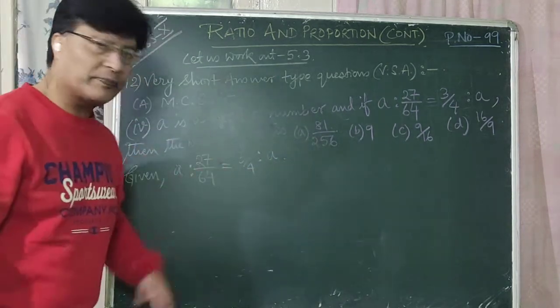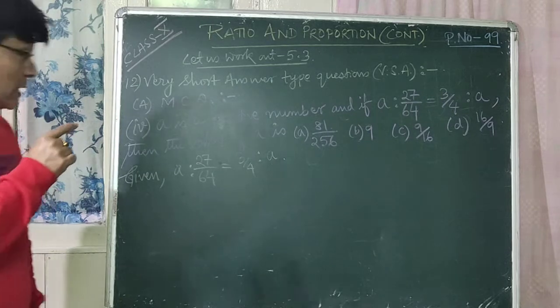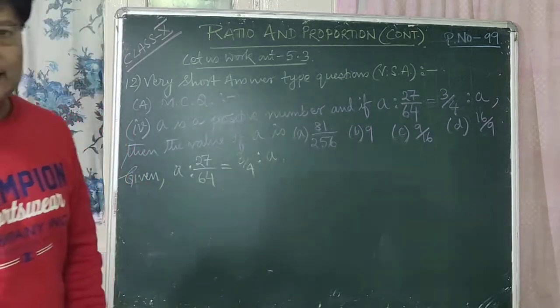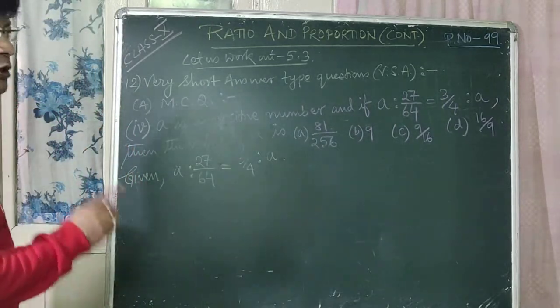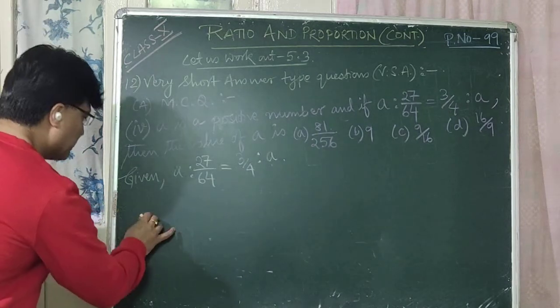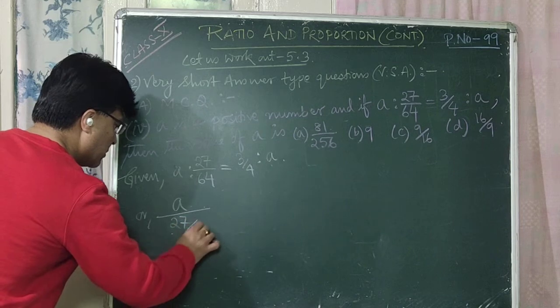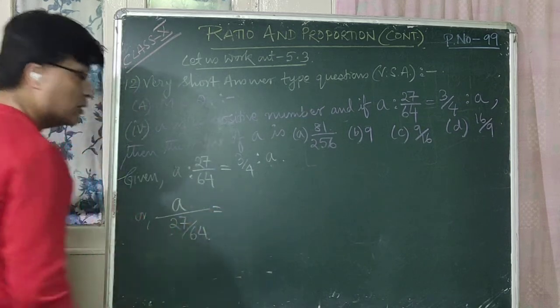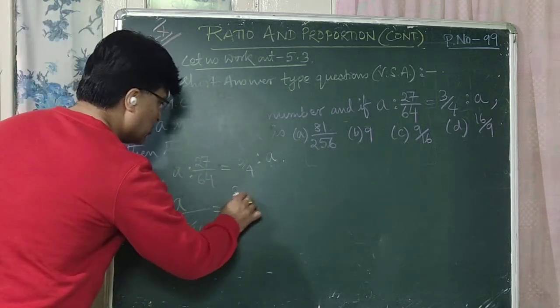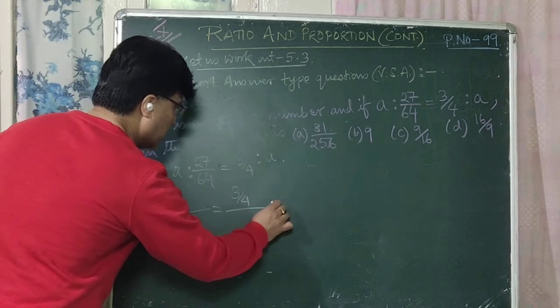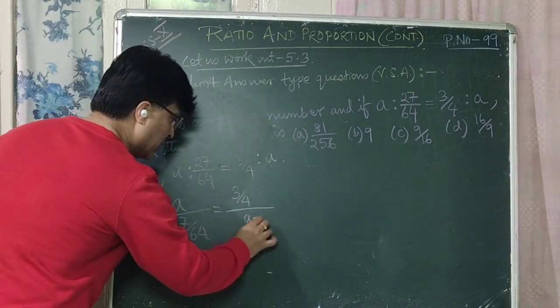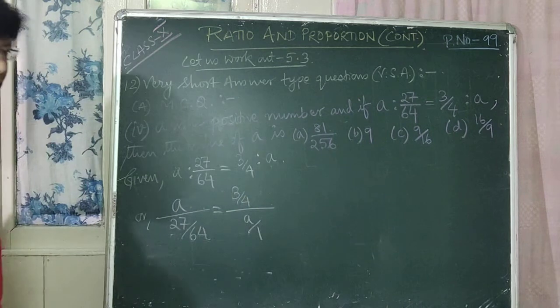So this is the given equation, that is left hand ratio is equal to right hand ratio. The ratio can be written in terms of fraction: a upon 27 by 64 is equal to, on the right hand side, in the numerator there is 3 by 4 divided by a, and below a there is 1.